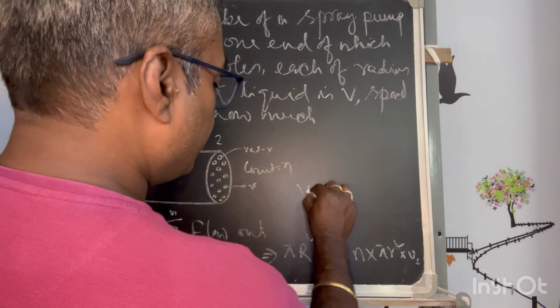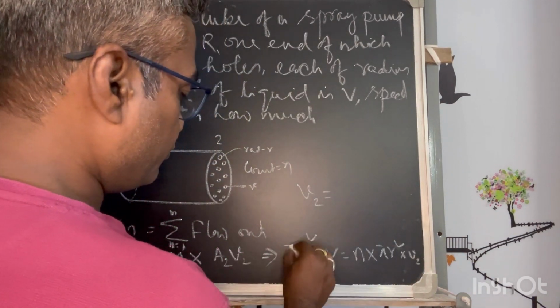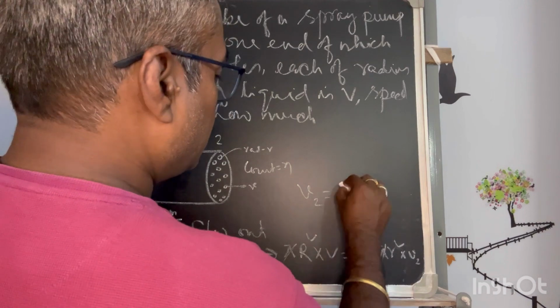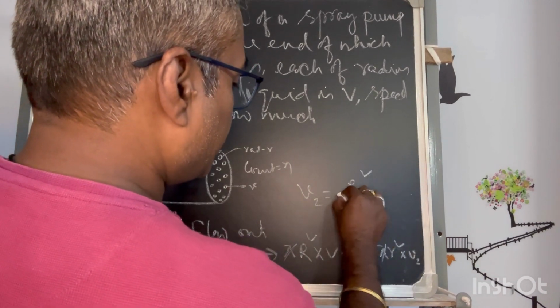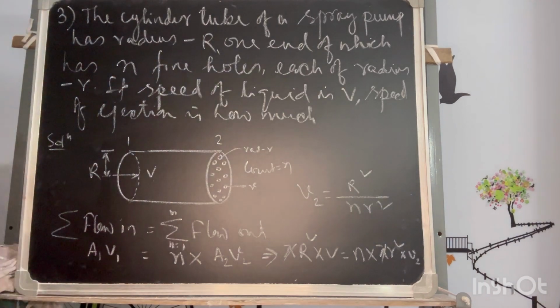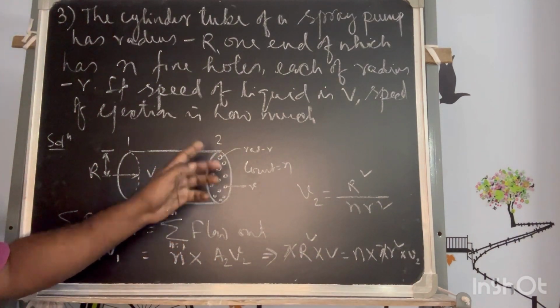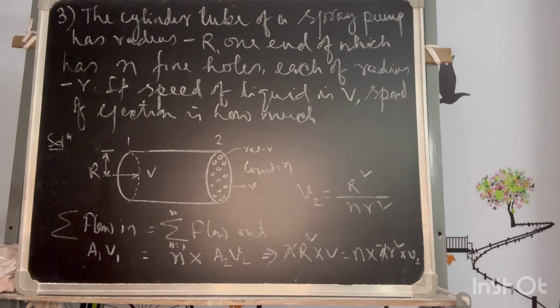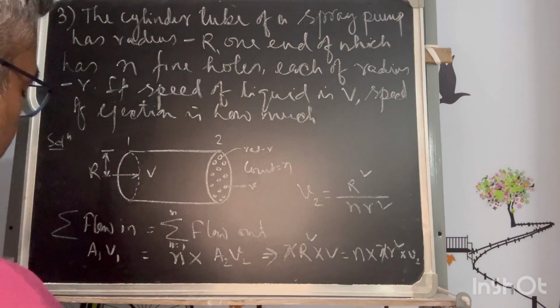So from there V2 will be equal to, pi will cancel, R square divided by n r square, that will be your velocity through each hole. Okay, so fine, here I will end this equation of continuity and related problem.